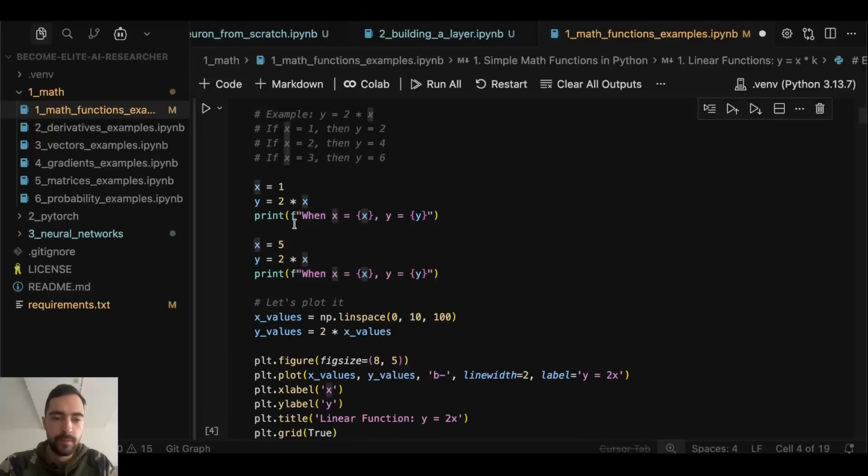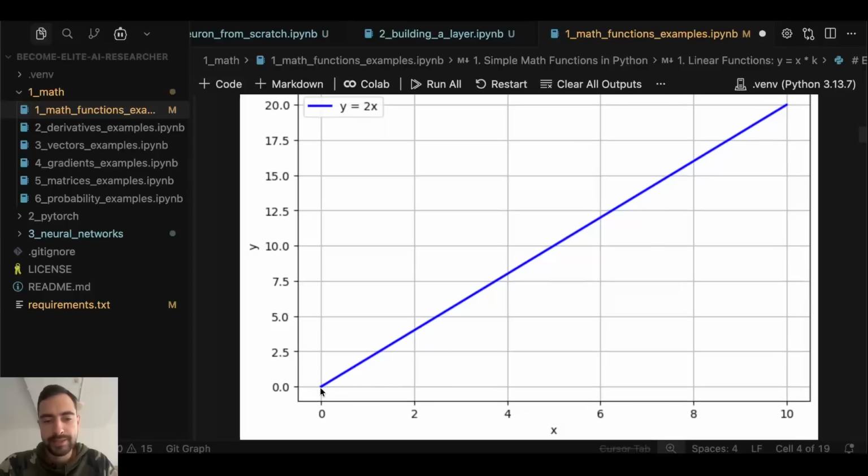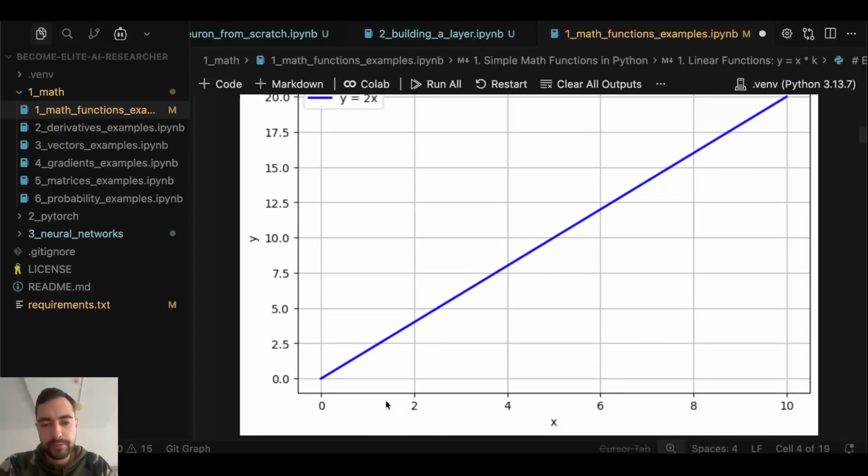And I want to draw this, so as x goes 0, 1, 2, 3, 4, the y is going to be double. So here, for example, at 5, y will be 10. Then for every x, we're going to take it and draw the corresponding y.